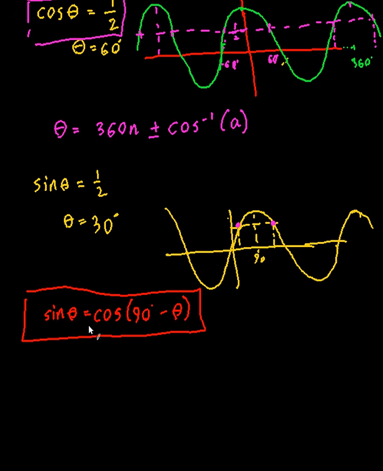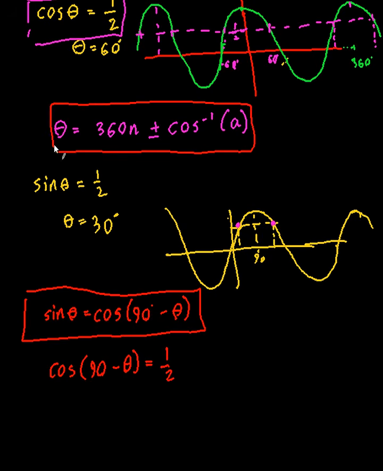Coming back to this question, I will have cos of 90 minus theta is equal to a half. Using this, I can say 90 minus theta, and remember, not theta, 90 minus theta is equal to 360n plus or minus cos inverse of a half. I know that's 60 degrees, but I'll just leave it there.